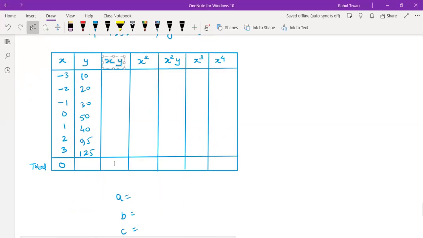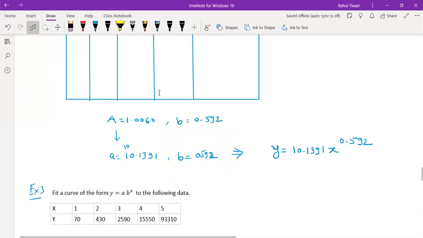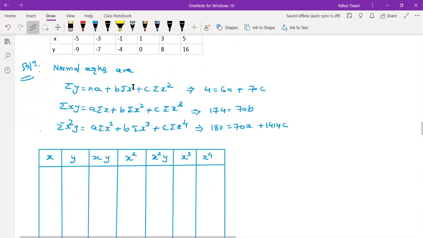You can look at that summation, and according to the normal equation, because when you are solving this problem manually, you need to write down this equation and substitute the value, and then based on that you can simply write, solving the above equations simultaneously, you will get the value of ABC, and you can write the answer directly. There is no problem.